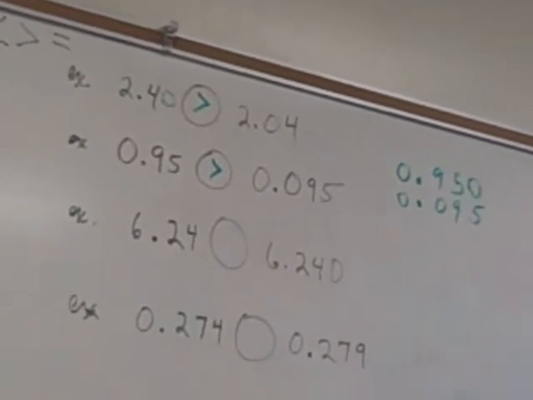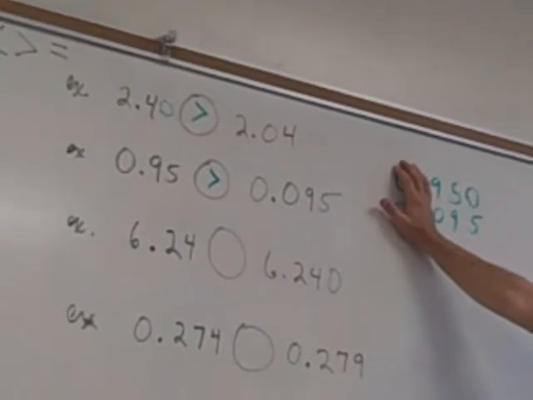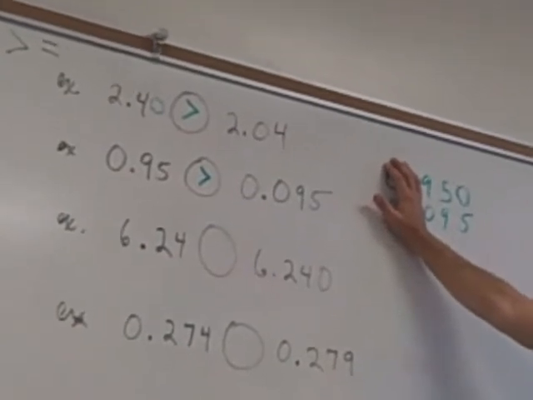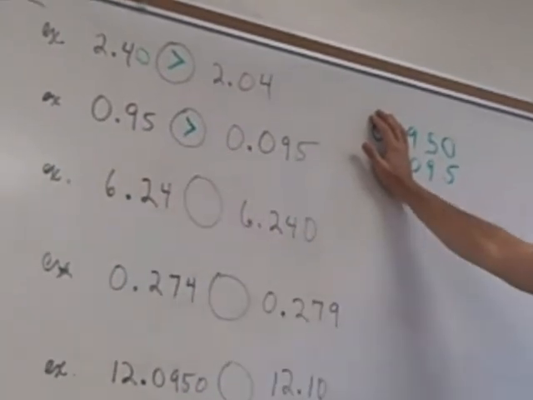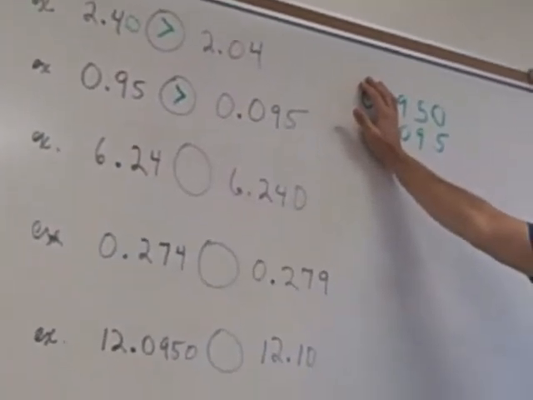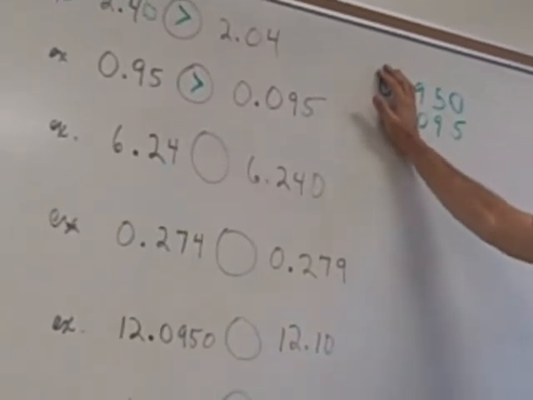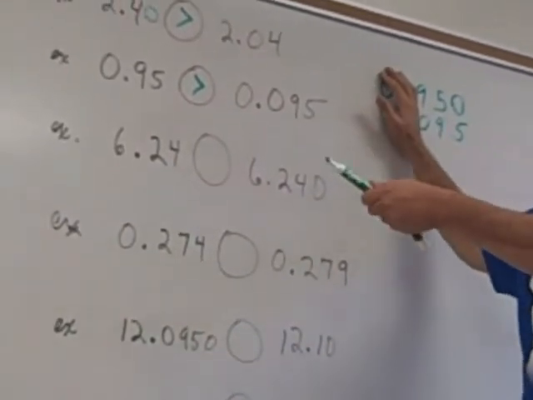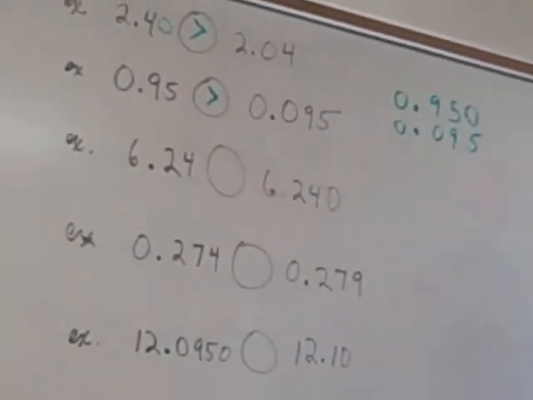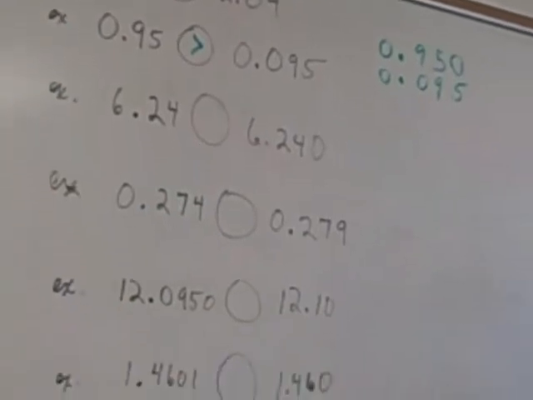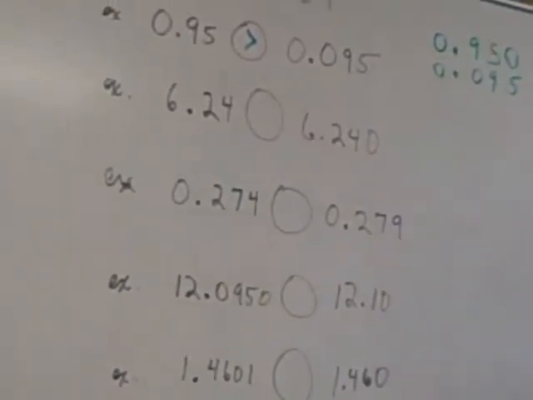And now let's think: 950 or 95? 950, which is what I had over here. See the second method work? If you can't understand the money method, then line up, fill in digits, fill in blank zeros, and then just think which one's bigger.